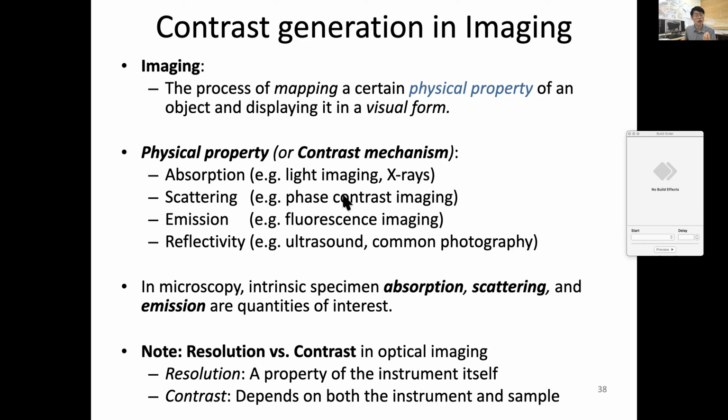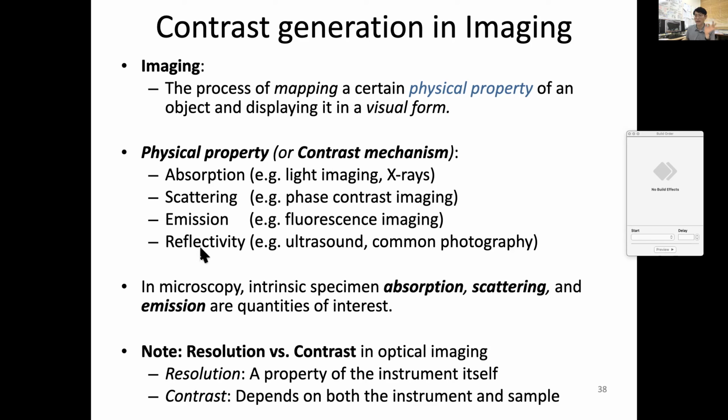And sometimes we want to tag with a fluorescence label, let's say mitochondria or DNA. Then we are using fluorescence imaging, and fluorescence emission as a contrast mechanism. Or sometimes we are using ultrasound or photography. Typically, you depend on the reflected light from the surface, and then we visualize the surface of an object.